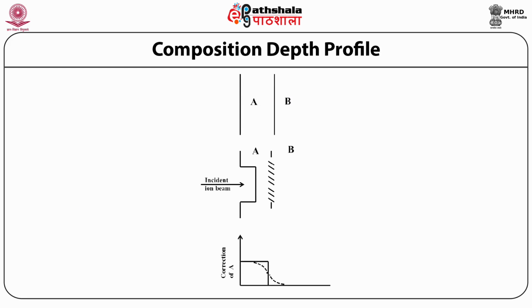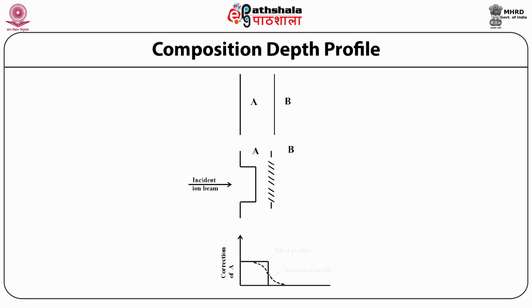The composition depth profile. The compositional changes with distance from the surface plane can be characterized with Auger electron spectroscopy. The most common method for measuring a depth profile of composition is sputter depth profiling using an ion gun.